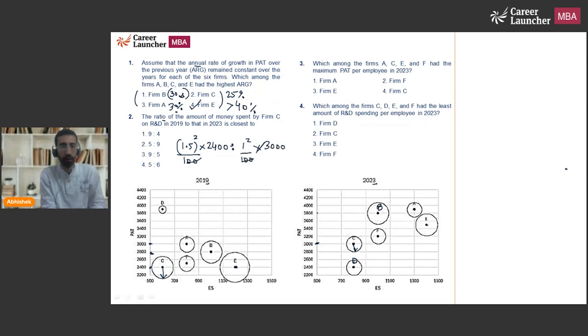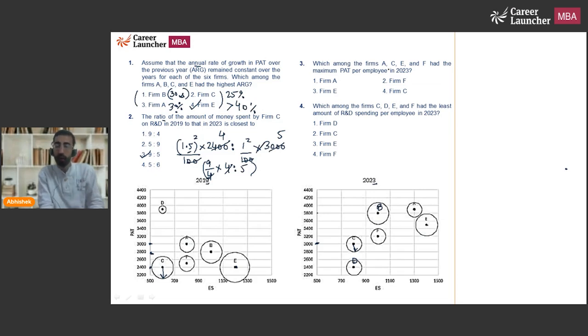So this is 3 by 2 whole square. 3 by 2 whole square is 9 by 4. 2400, 3000 is 600 into 4, 600 into 5. 9 by 4 into 4 is to 5. That's 9 is to 5. Straightforward. I hope this is clear. Straightforward question.